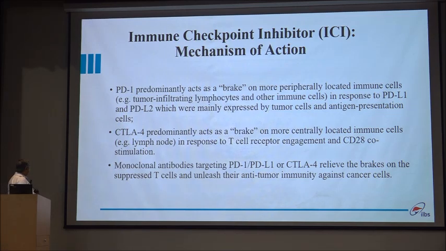CTLA4 predominantly acts as a brake on more centrally located immune cells, like in the lymph node, in response to T cell receptor engagement and CD28 co-stimulation. Monoclonal antibodies targeting PD-1, PD-L1 or CTLA4 relieve the brake on suppressed T cells and unleash their anti-tumor immunity against cancer cells.